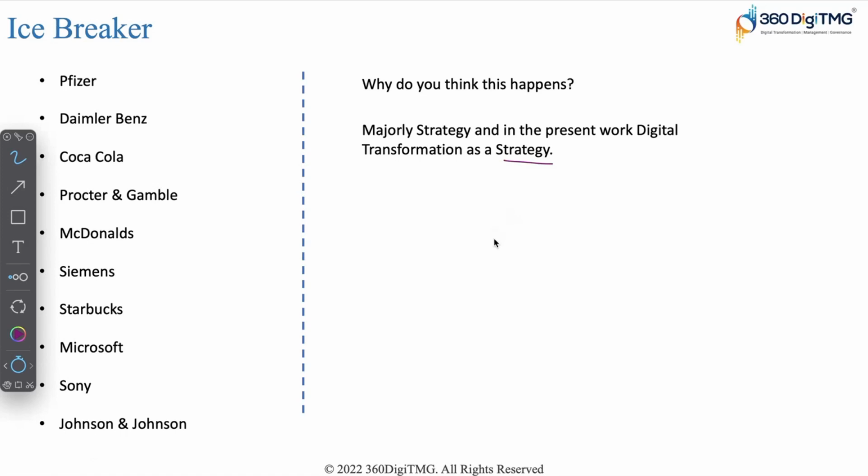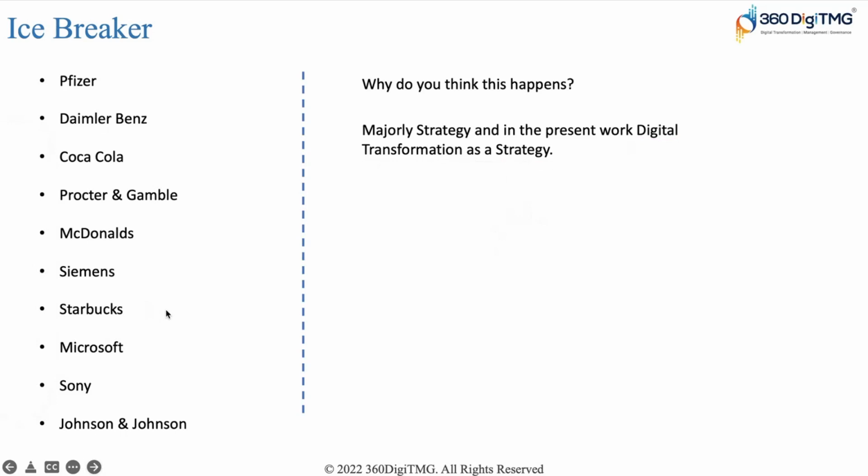And majorly, the strategy that is being implemented today is related to digital transformation as a strategy. It's not the regular strategies which entice the board of directors anymore. What really entices and encourages the present world leaders and the board of directors is digital transformation as a strategy.